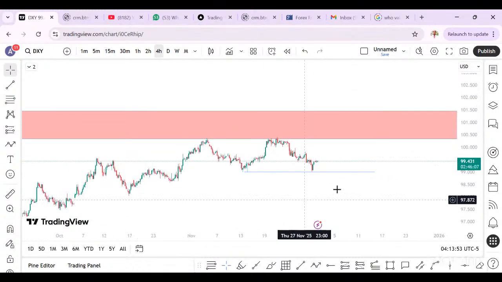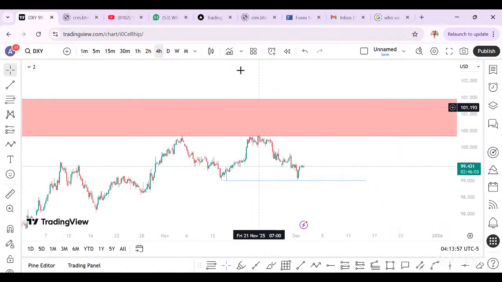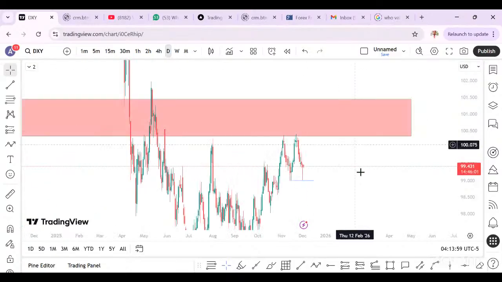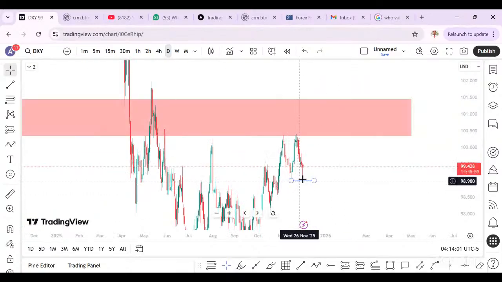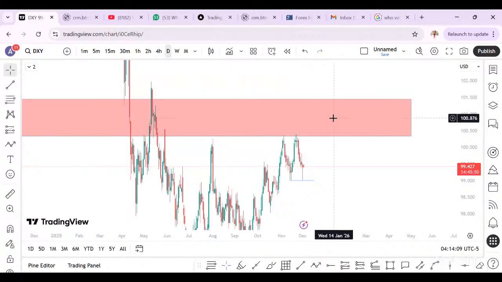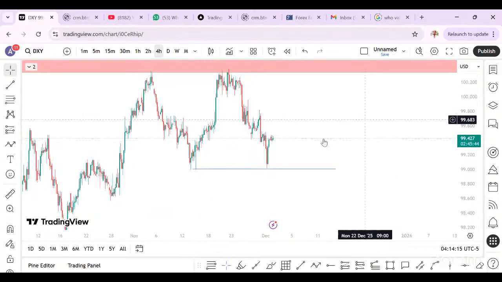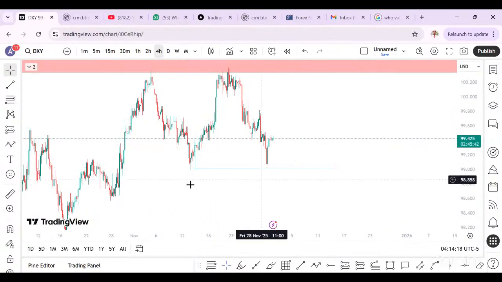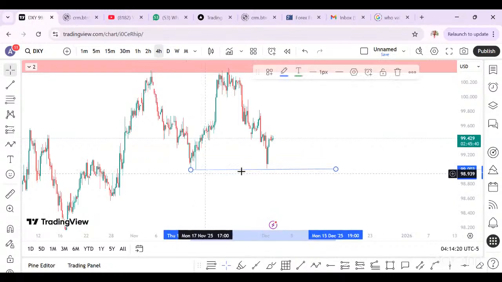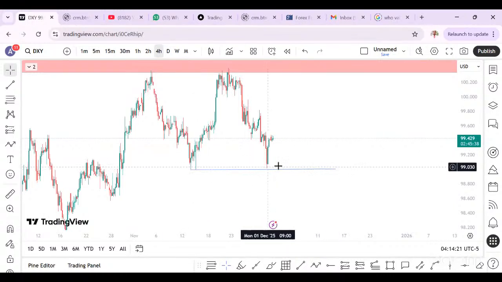So let's go to 4 hours. So 4 hours is giving us more bullish reading, and once we fail to close below this very strong demand zone, then the next is that price will push up, and that's what's happening now. So on 4 hours, you see that we came close to that low, but we are yet to break it.